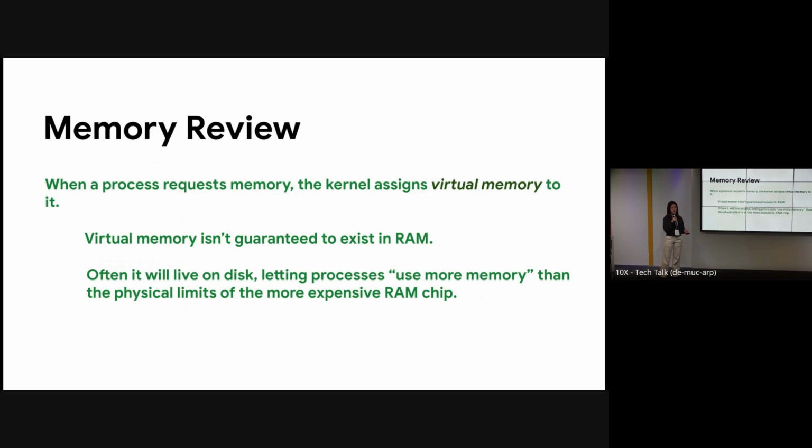As a quick memory review, when a process requests memory, the kernel assigns virtual memory to it. So while the process treats this like data that lives in RAM, it isn't actually guaranteed to live there. Often the underlying data will live on disk, and this abstraction was created because it lets processes use more memory than the physical limits of a more expensive RAM chip.